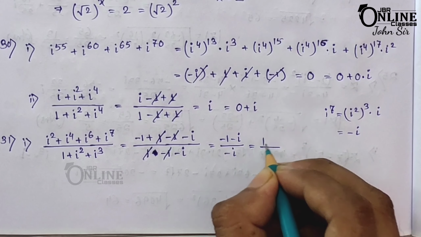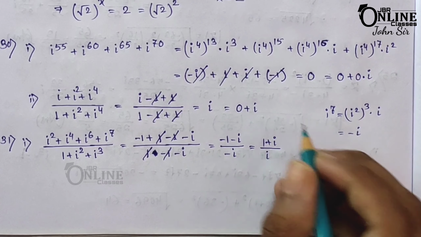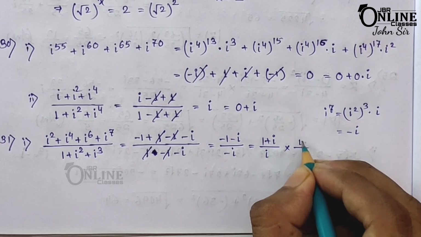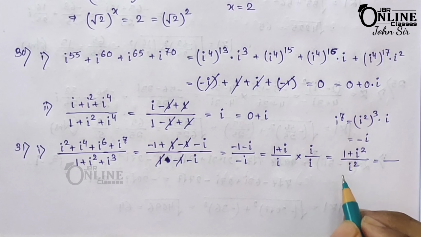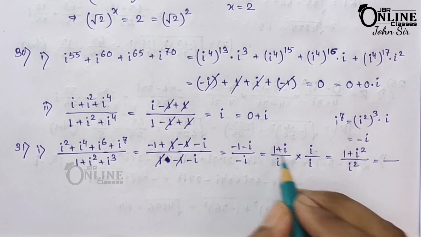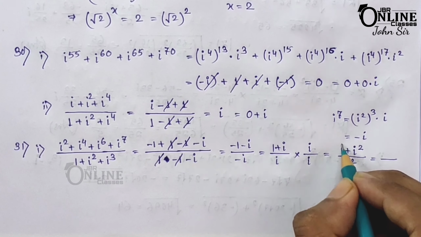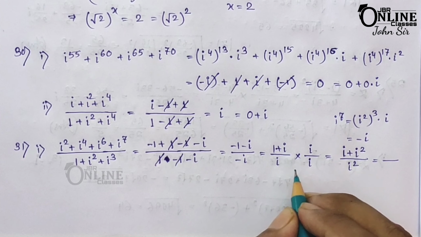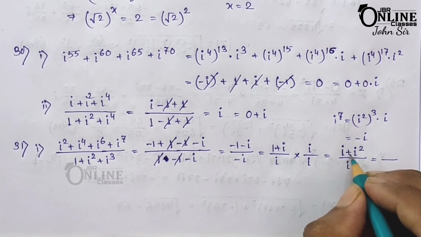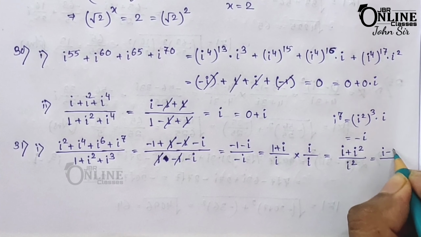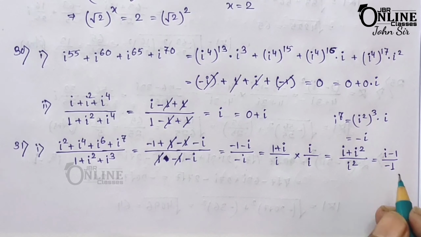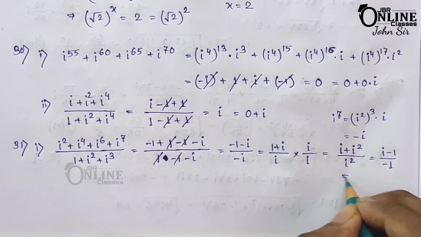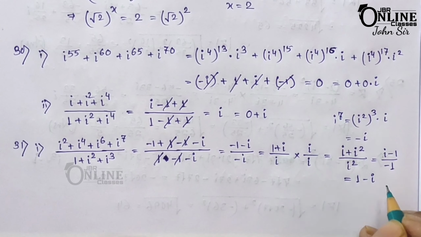So it will now be 1 plus iota by i. Now if you multiply by i in up and down, then if you multiply with iota, it's iota plus iota square, and the lower one equals iota square. So here iota minus 1 by minus 1. So your answer will be 1 minus iota.